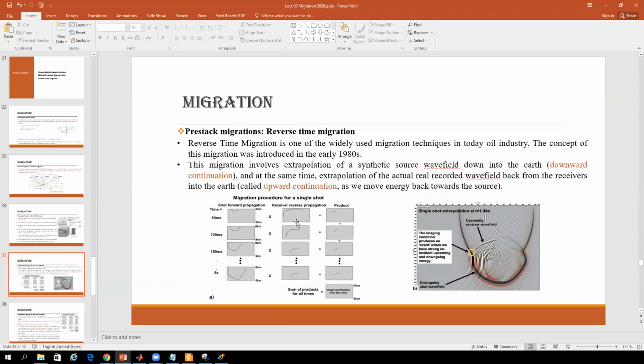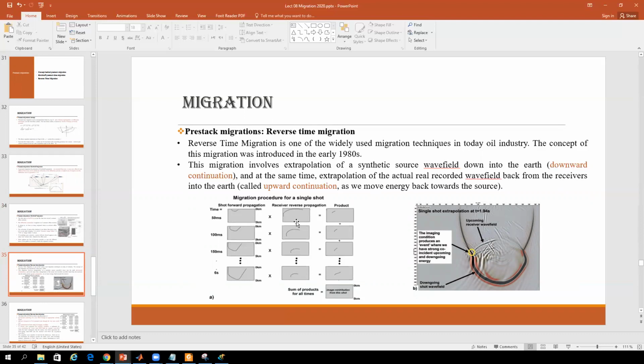The data which we have are recorded at a time T, for example 2 seconds or 3 seconds or 4 seconds. Say I have 4 second gathers.